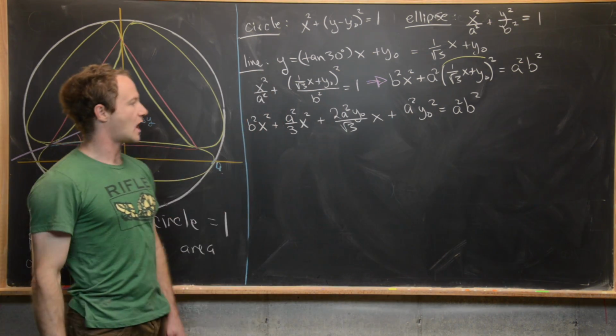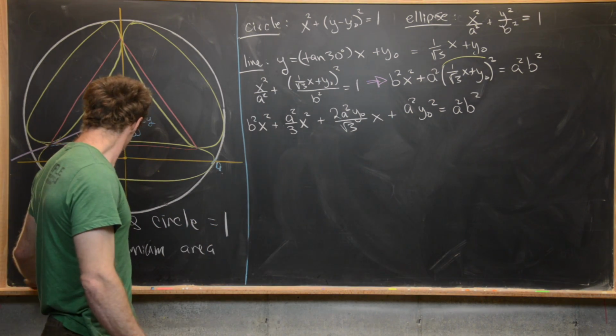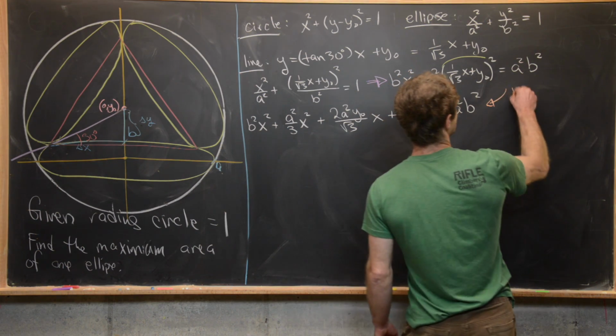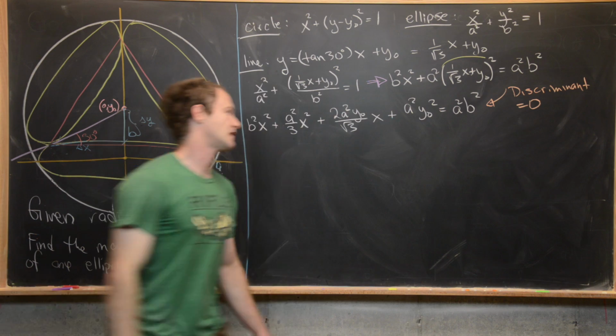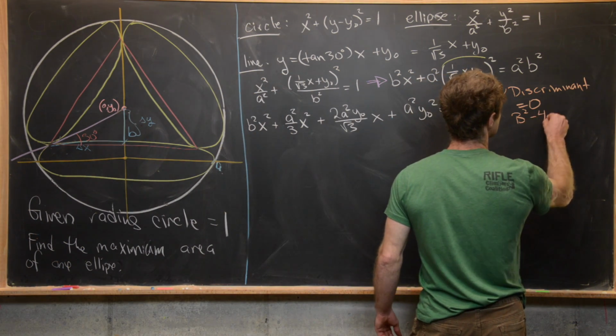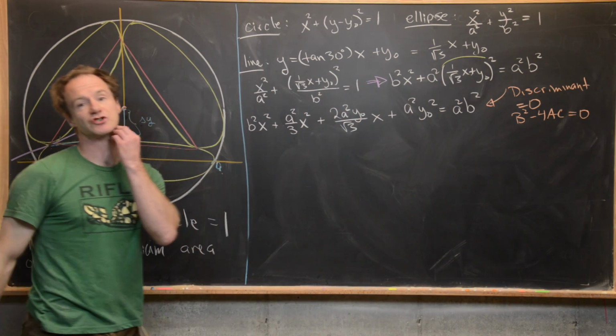But if we've got a quadratic equation with one such intersection point, we know that that means that the discriminant of this quadratic equation must be equal to 0. But let's recall that the discriminant is the term which looks like b squared minus 4ac. That needs to be equal to 0. That comes from the quadratic formula.